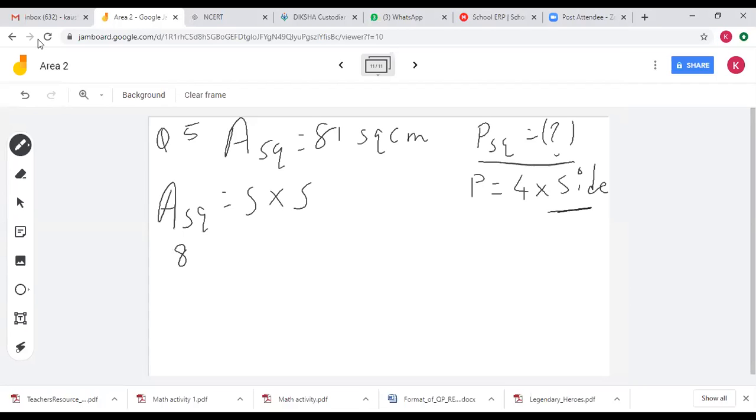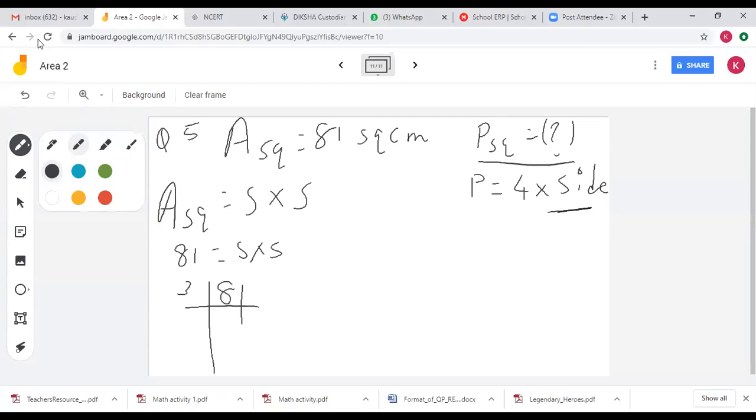So 81 is equal to s into s, and when we have this, what do we do? We find factorization of 81. Since it is 81, we cannot divide it by 2, so we go for 3. 3 27s are 81, again 3, so 9, another 3, one more 3 here, and we will get 1 here.